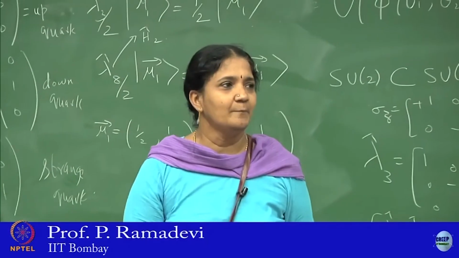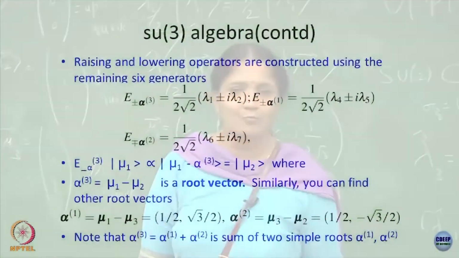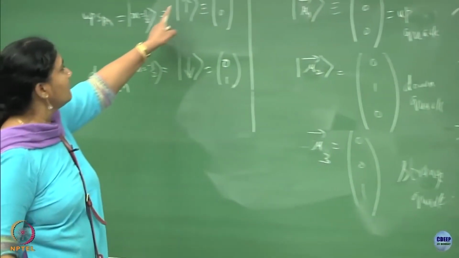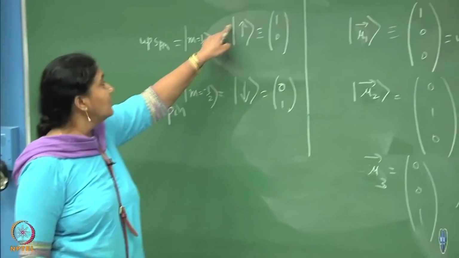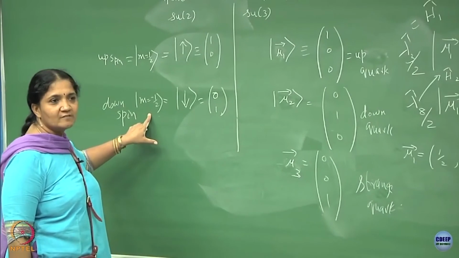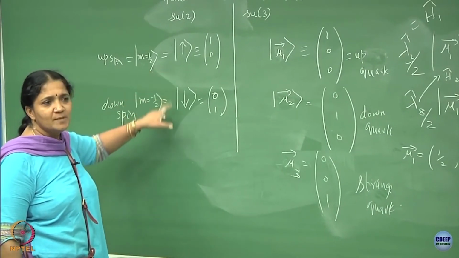Okay, so that brings me to a summary of what I want to say for the SU3. Just like you had J plus and J minus, what is the role? If I do a J minus on this, the m quantum number shifts by 1 unit, plus or minus 1 unit depending on whether I do J plus or J minus.